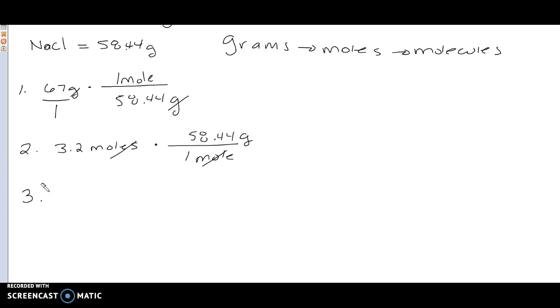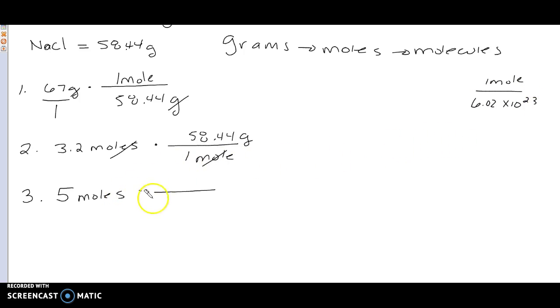The third one is how many molecules in 5 moles of sodium chloride. So I'm going to be using this portion right here of this pathway. I'm always going to just write what I'm given. So the first one is 5 moles. And now I have to be able to cross moles off and get to molecules. Well, I'm going to use the general knowledge that 1 mole of anything is 6.02 times 10 to the 23 molecules or atoms or individual items.